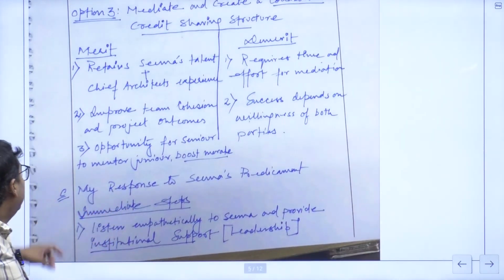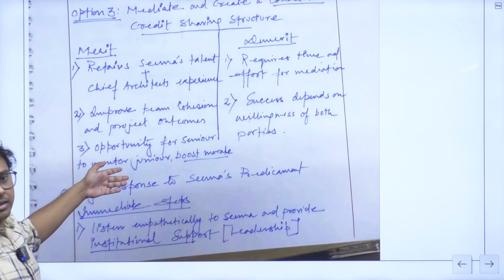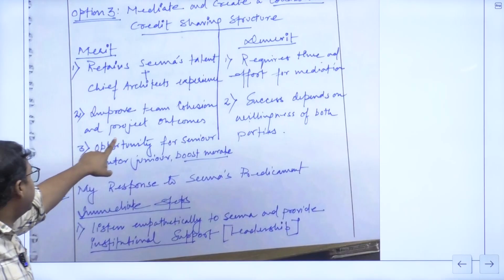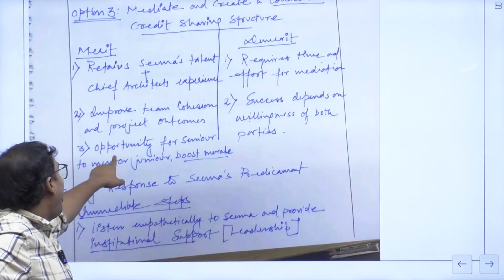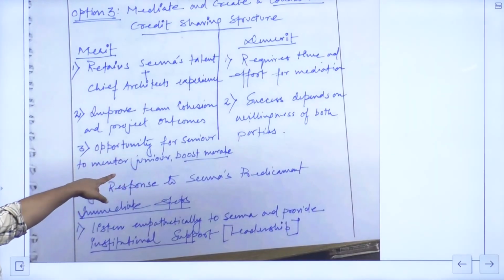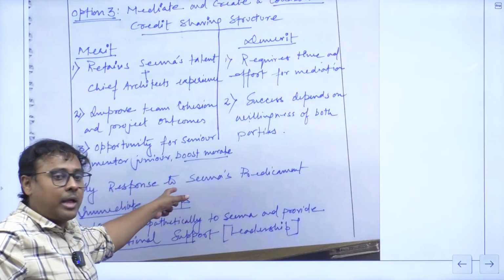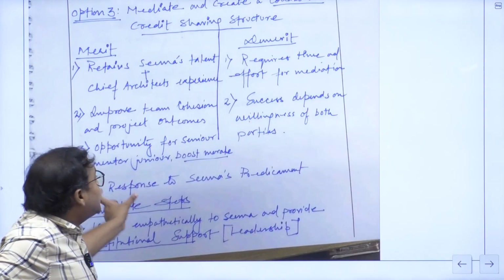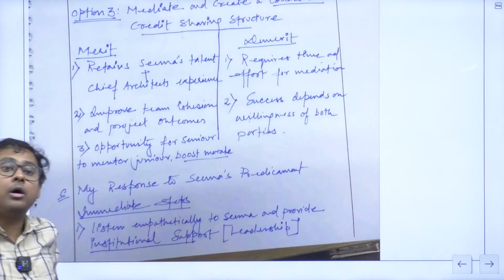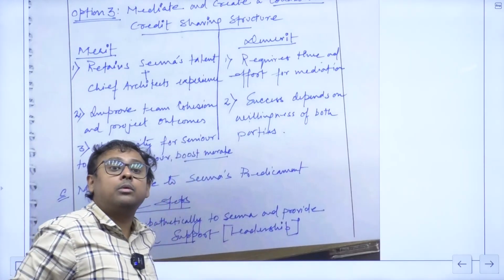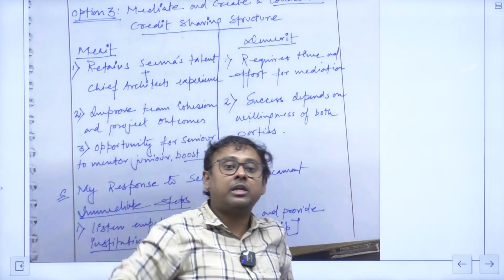And why? These 3 points will remain, okay? That is, retain Seema's talent, chief architect's experience, improve team's cohesion and project outcomes, opportunity for seniors to mentor juniors, boost morale, and other reasons. Then I would write that it ensures leadership quality of managing a crisis based on certain universal values.